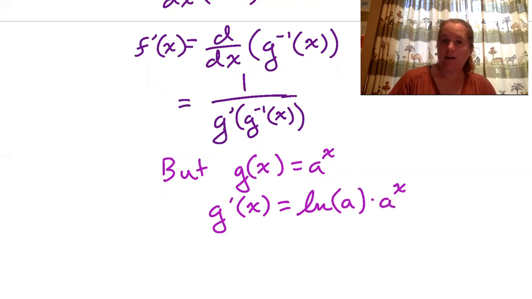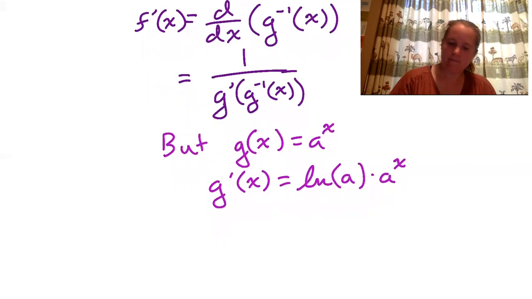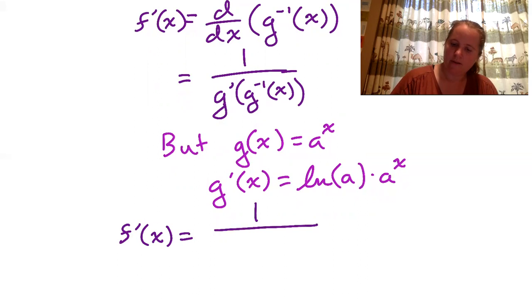So if we plug back in, we have f prime of x is equal to 1 over the natural log of a times a to the g inverse of x.